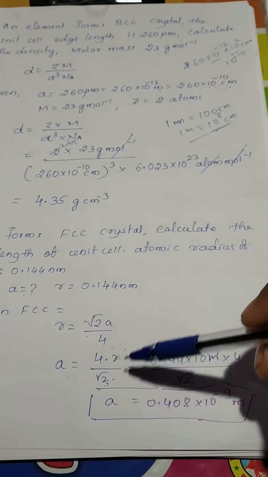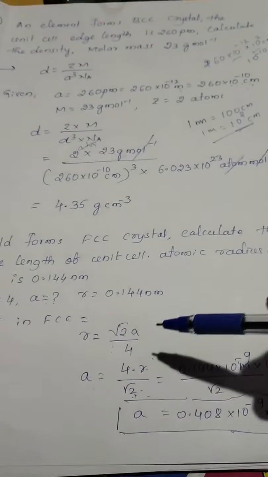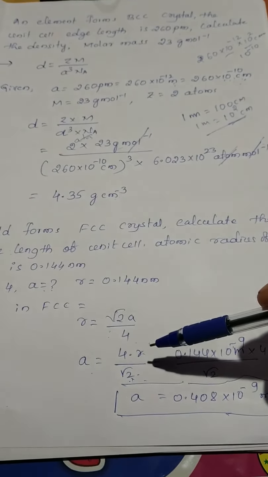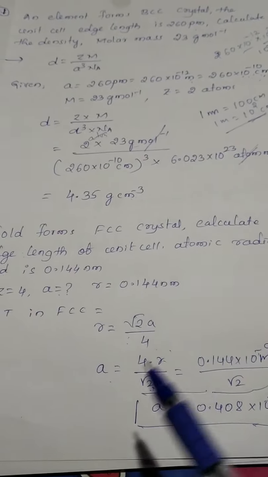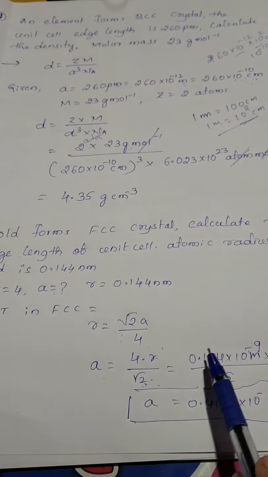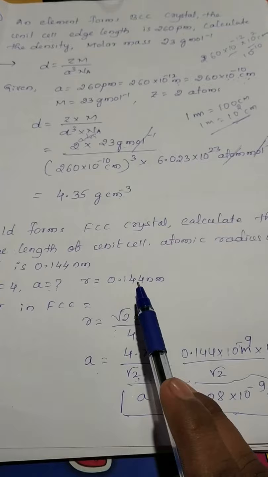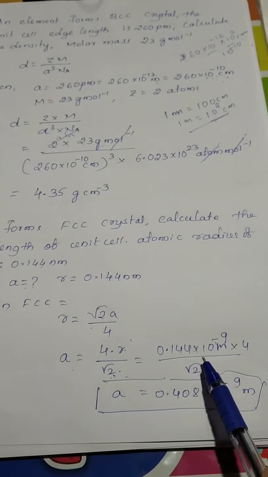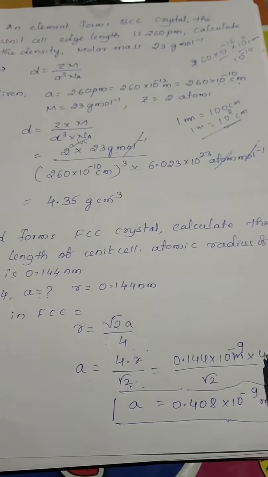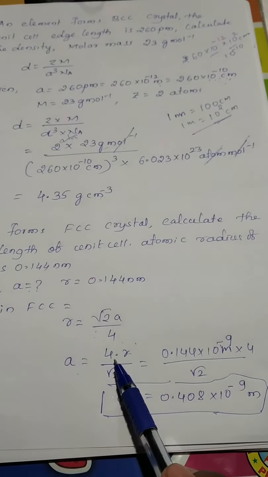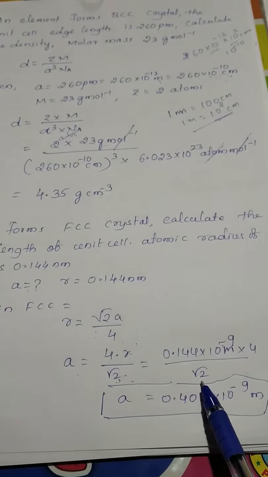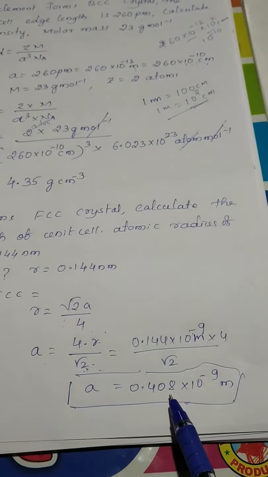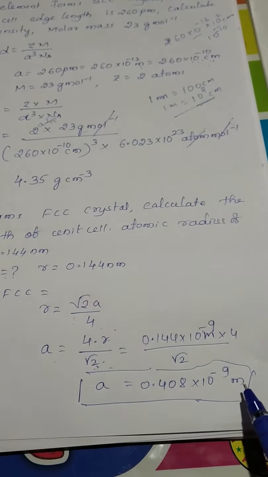So I have taken this formula from the packing efficiency in FCC. A equals 4R divided by root 2. R is given as 0.144 nanometer, which I converted into meter: 0.144 into 10 raised to minus 9 meter, into 4 divided by root 2. Solving this, we got 0.408 into 10 raised to minus 9 meter.